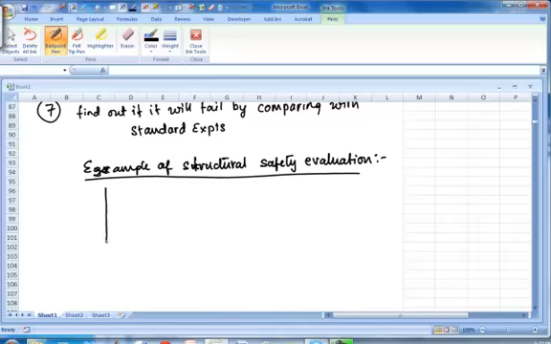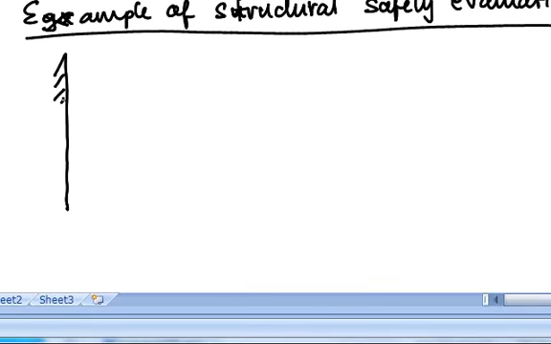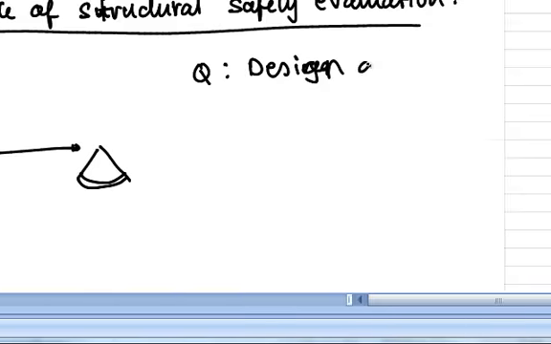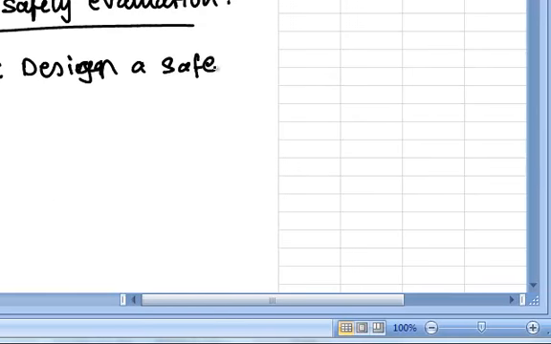Essentially speaking, I have a vertical wall, and I want to hang a big searchlight off of this wall. So this is where I want to be. I want this distance to be about 3 meters. And the question is, how do I design a safe way to hang this?